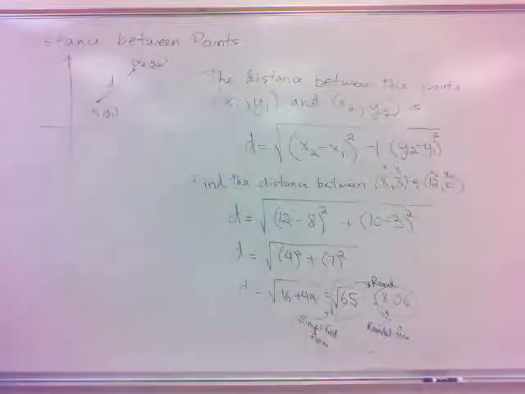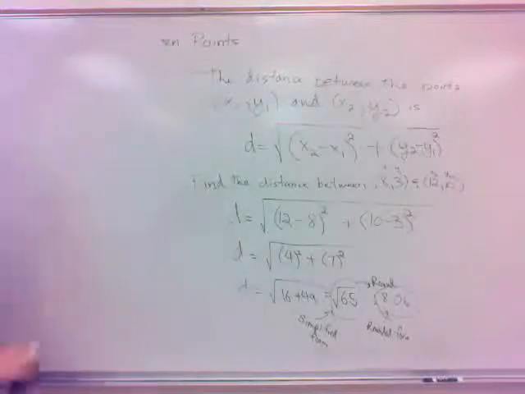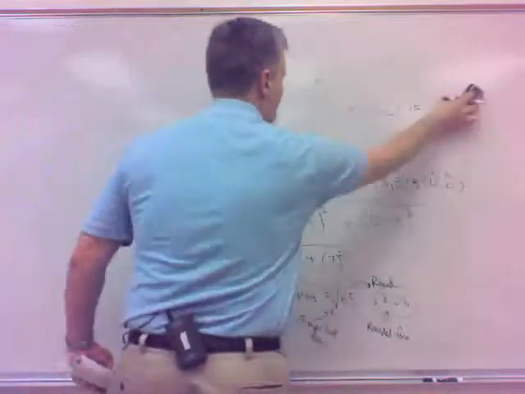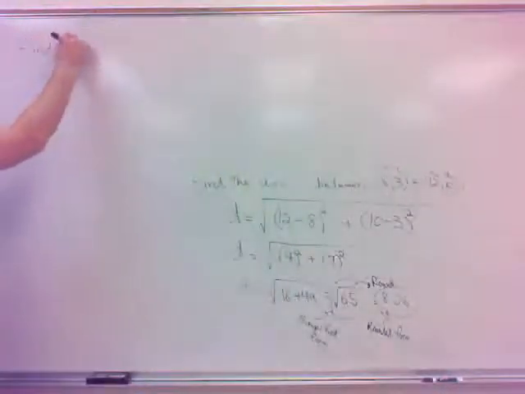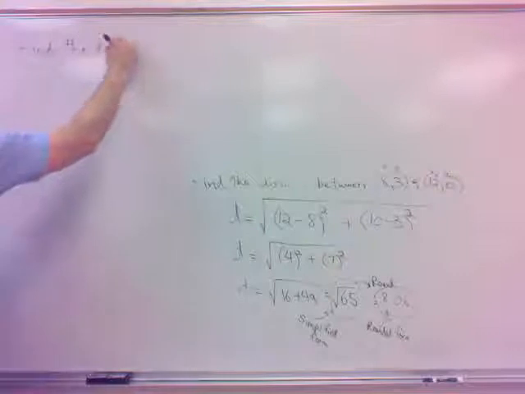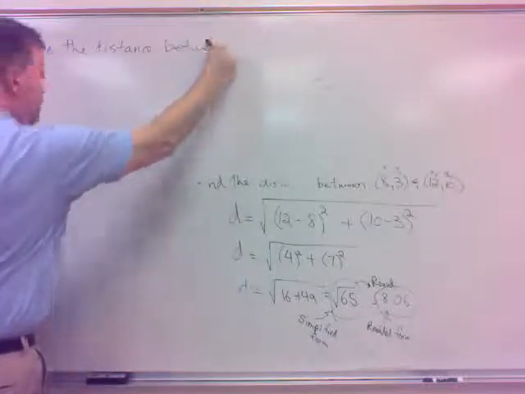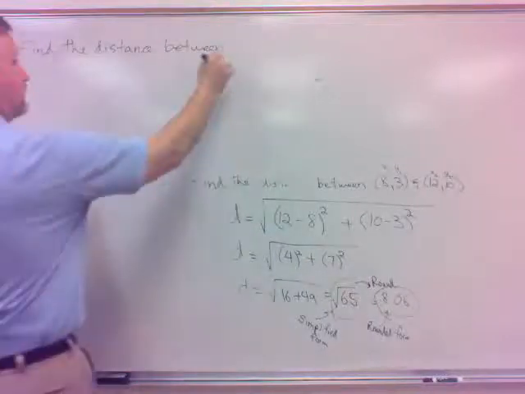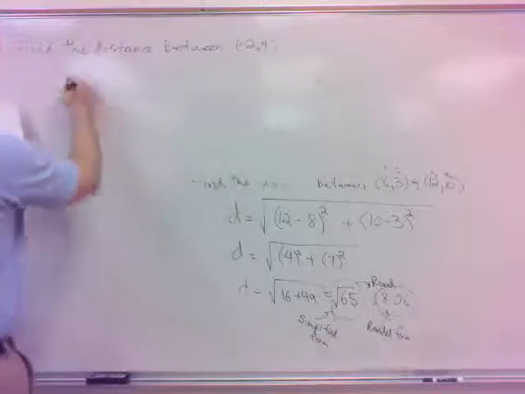All right. Let me do one more because, as you know, throw in some negatives and it makes it a little trickier. You've got to watch your signs. All right, so let's find the distance between (-2, 4) and (8, -6).